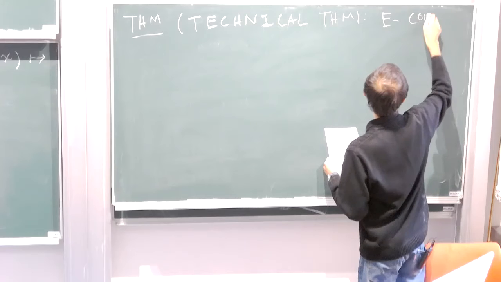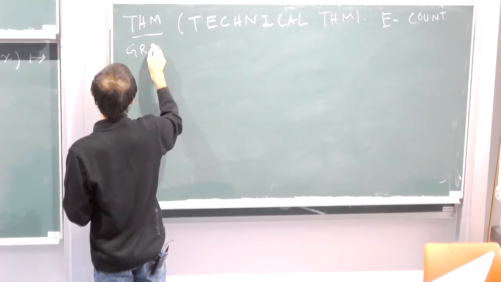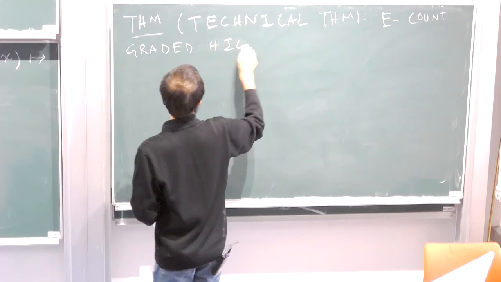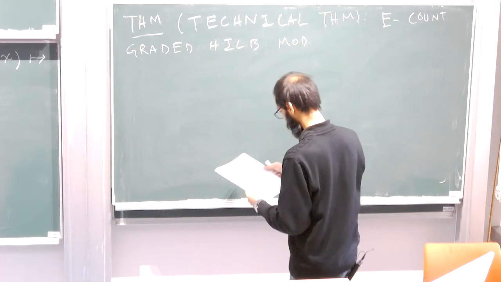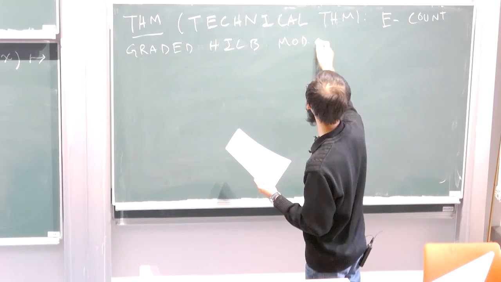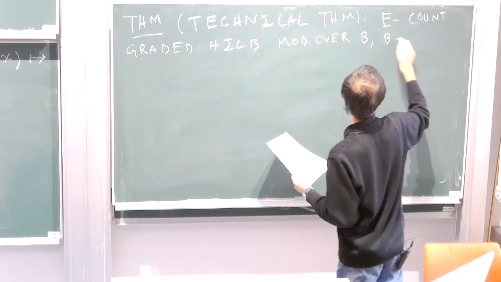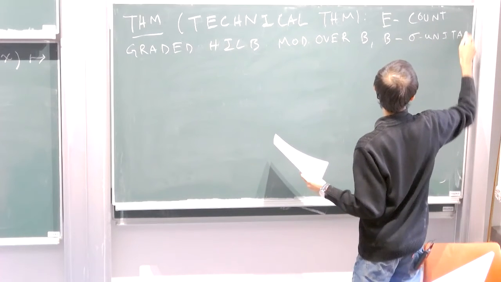It's a countably generated, graded Hilbert module over B, and B is sigma unital, as we have already assumed.